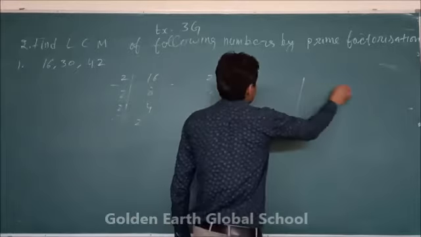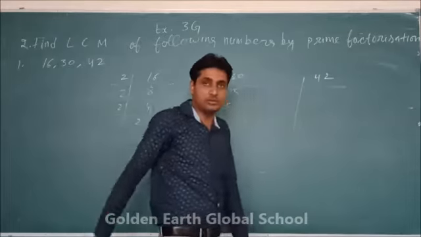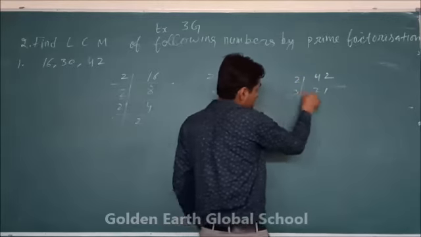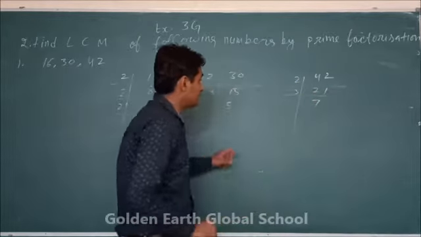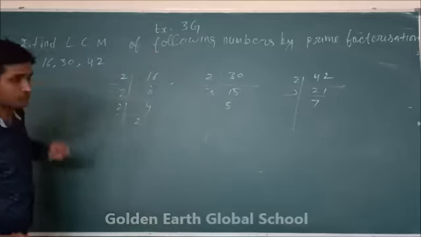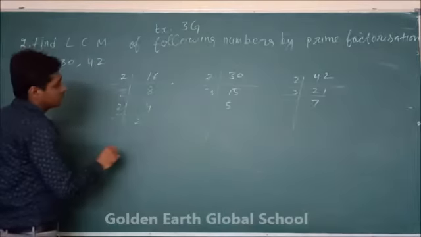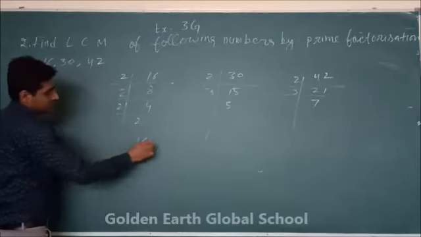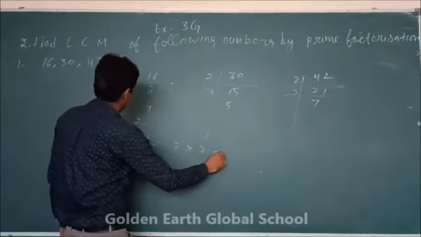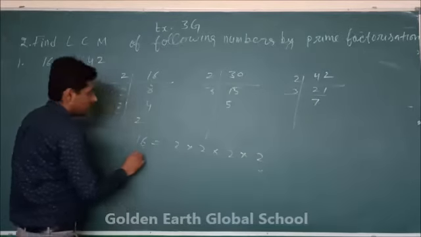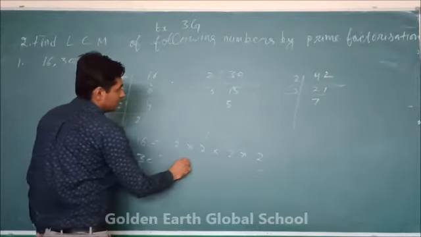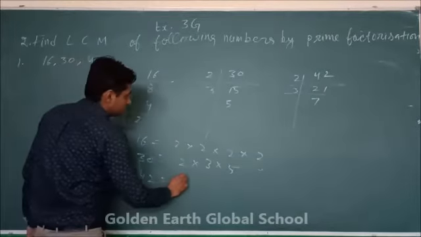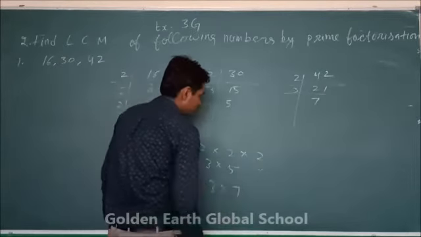Then 42: 2 21s are 42, 3 7s are 21. These are prime factors. Now find the LCM. The factors of 16 are 2 times 2 times 2 times 2. Similarly 30 equals 2 times 3 times 5. 42 is 2 times 3 times 7.